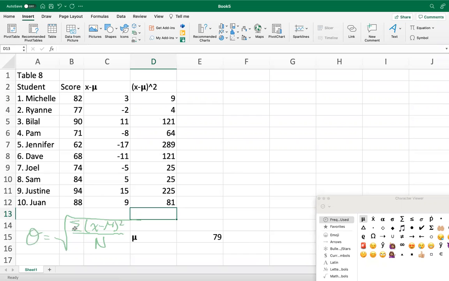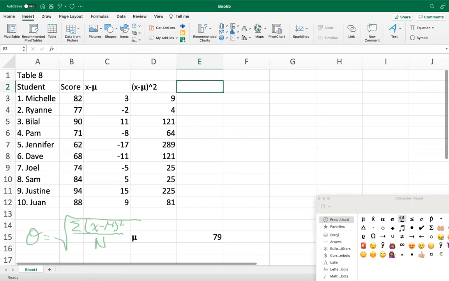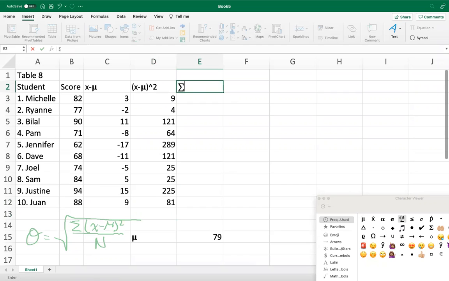The next thing we have to find is the sum of all of those values. So the sum of all those values is going to just be adding all of these values up together. So the sum of x minus the mean, squared.